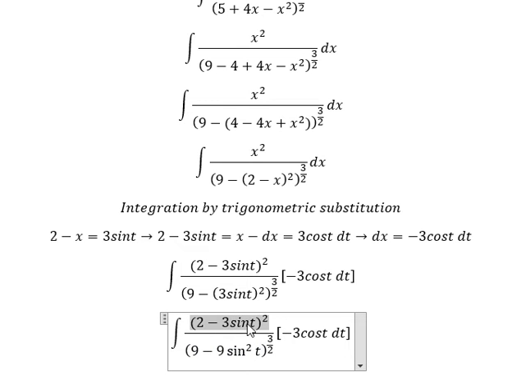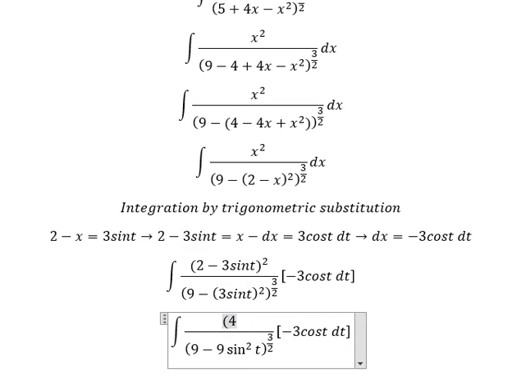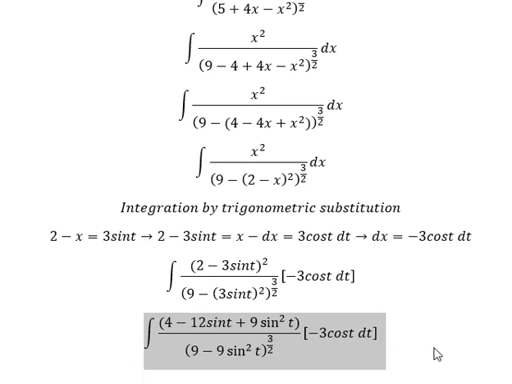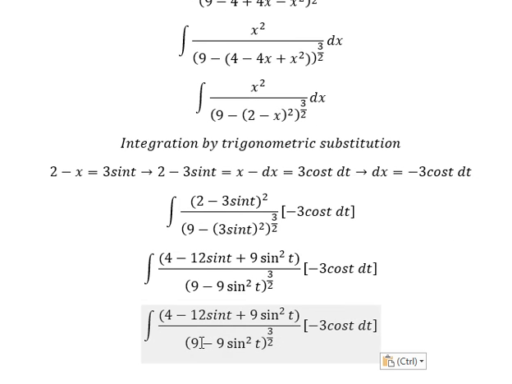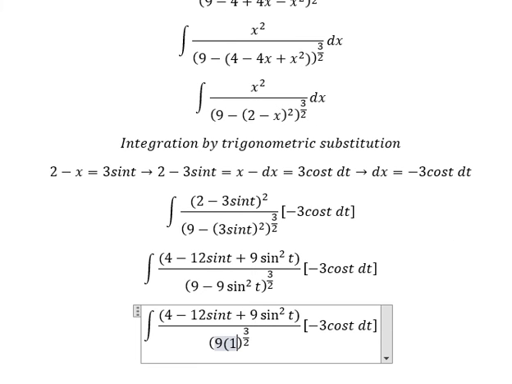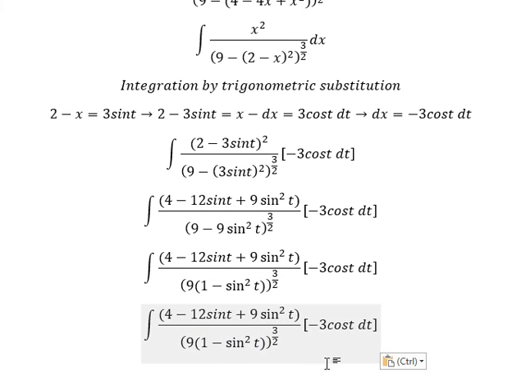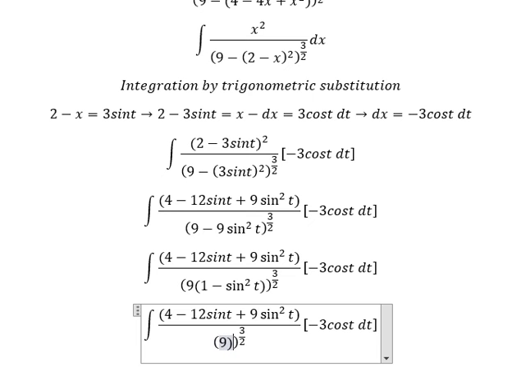This one we need to expand. So number 9, we can do factorization. 1 minus sine t square, we change to cosine t square.